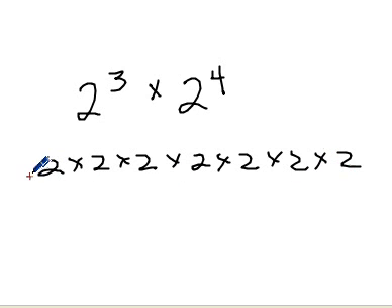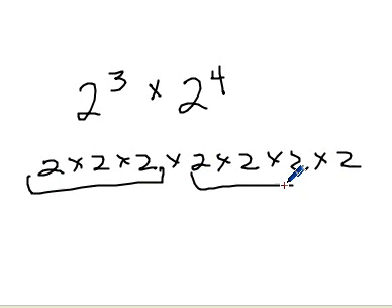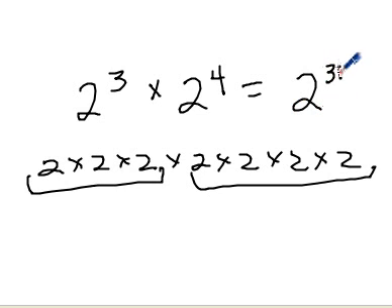And you can see that we've got 3 here, we've got 4 here, for a total of 7. So this expression would be equivalent to 2 to the 3 plus 4, which is the same as 2 to the 7th.